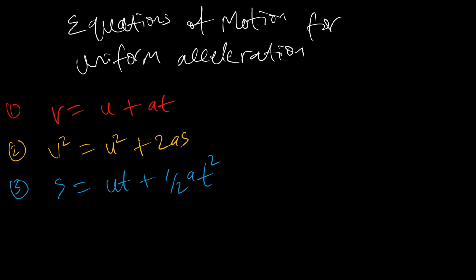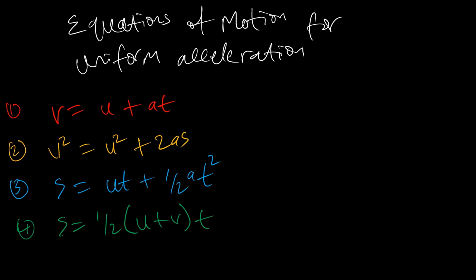And the last one, number 4, s equals half (u plus v) t. So these are the four equations of motion.